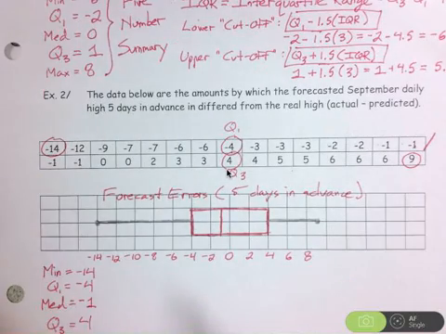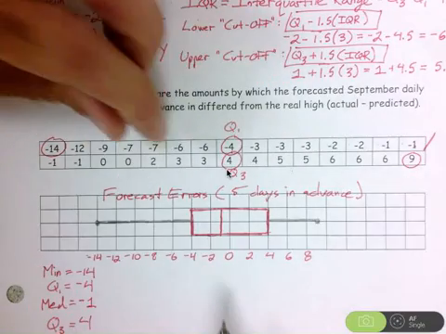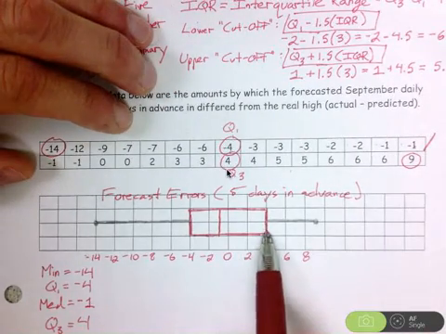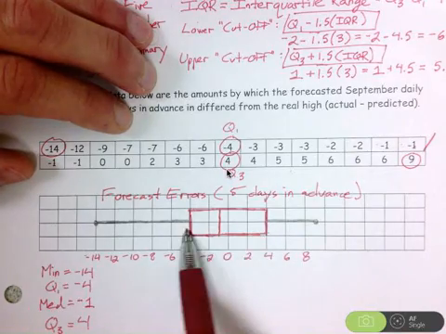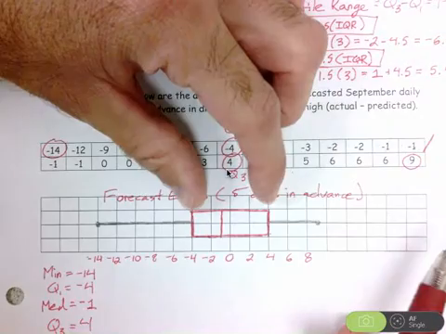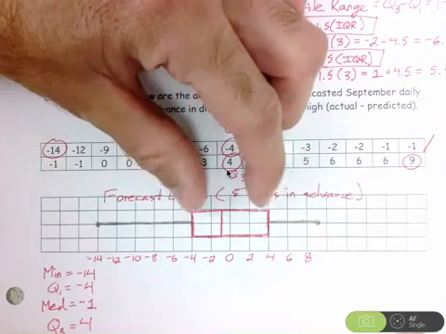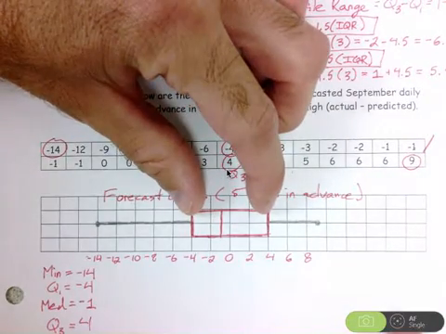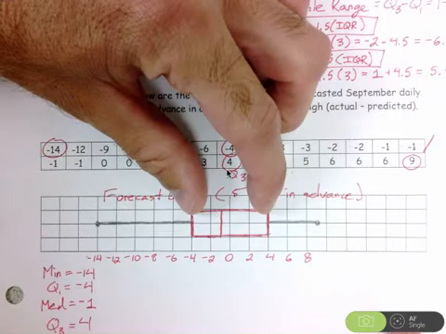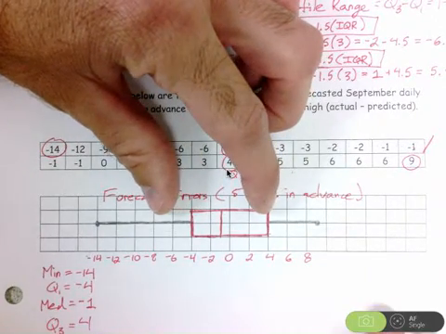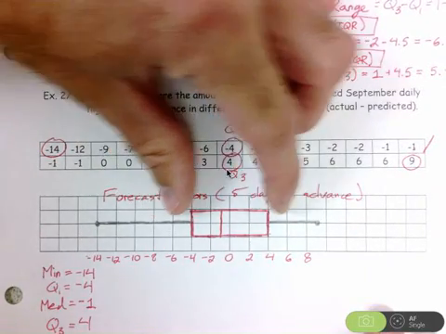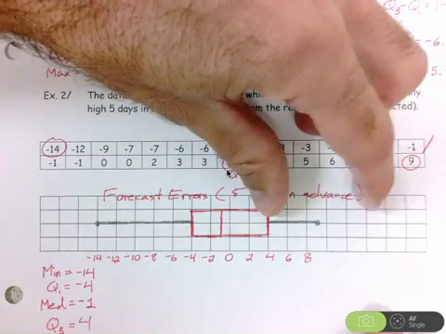Now, I can already tell that we don't have any outliers here, and we're going to verify it numerically. But look, if you consider this span right here, here is the span that represents the IQR between Q3 and Q1.